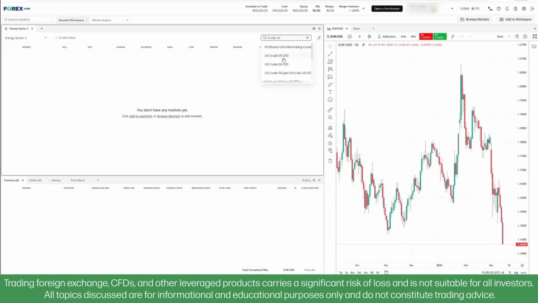This will show me all the markets in which Forex.com offers that contain crude oil. As you can see, the few markets listed at the top here are UK crude oil CFD, US crude oil CFD, and a US crude oil CFD future.